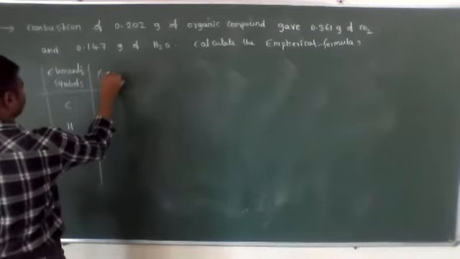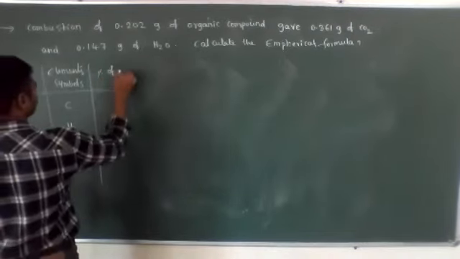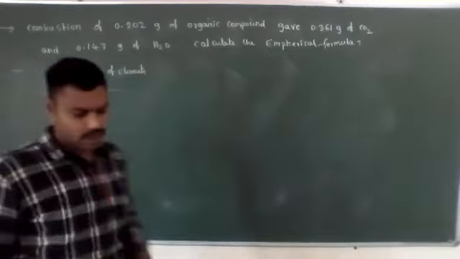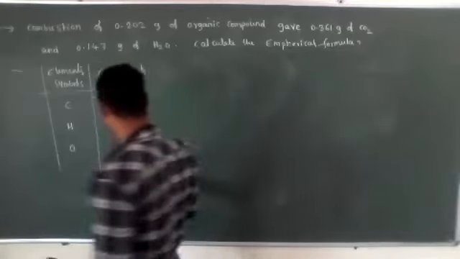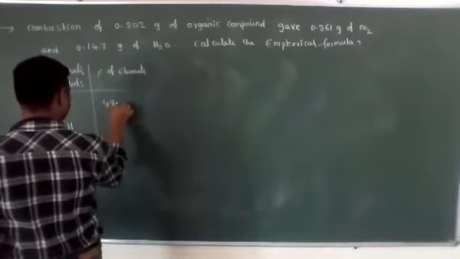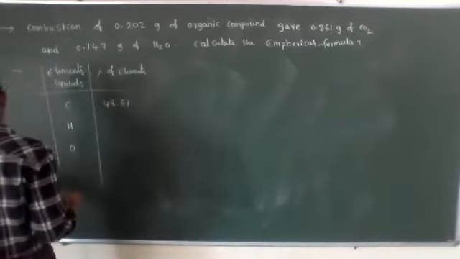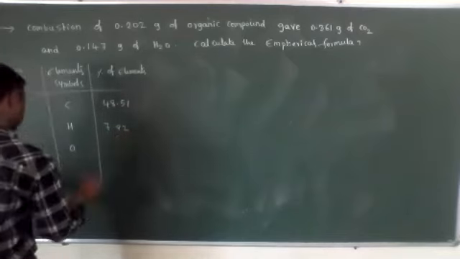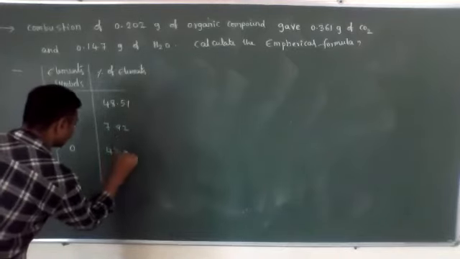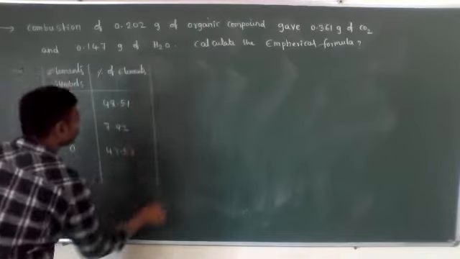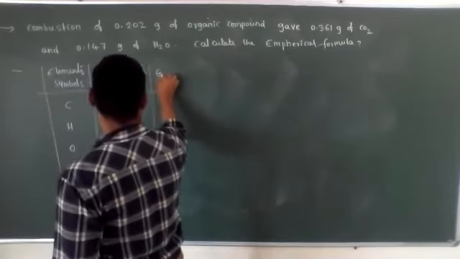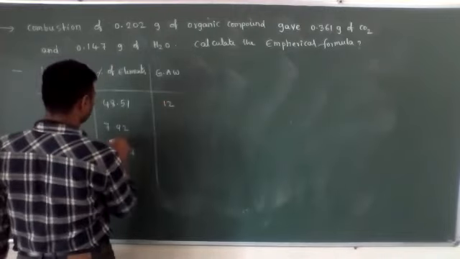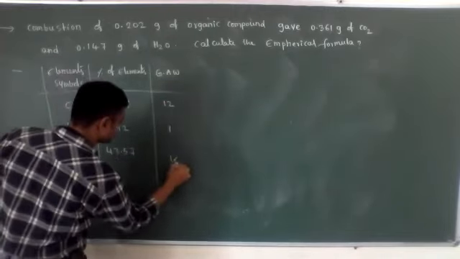Percentage of elements: carbon is 48.51, hydrogen 7.92, oxygen 43.57. Next, gram atomic weights. Carbon 12, hydrogen 1, oxygen 16.